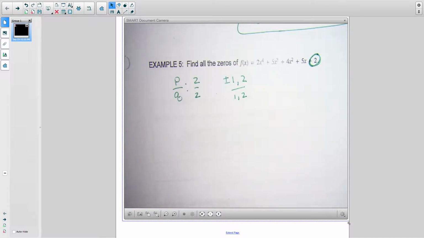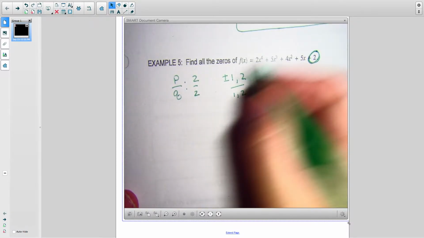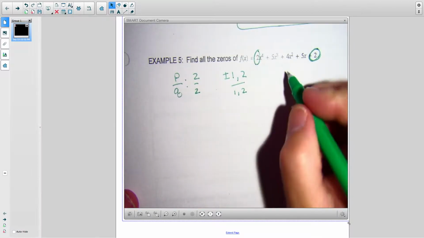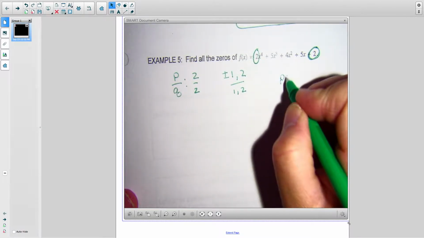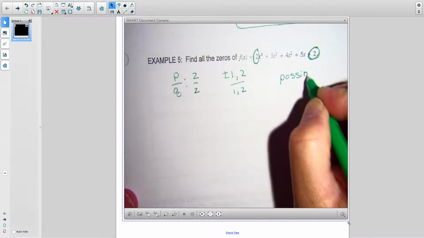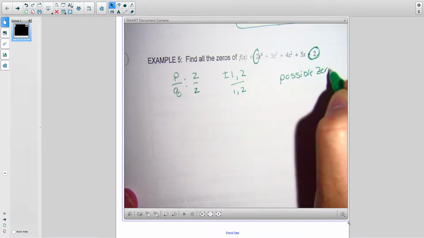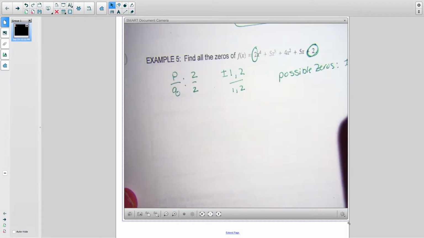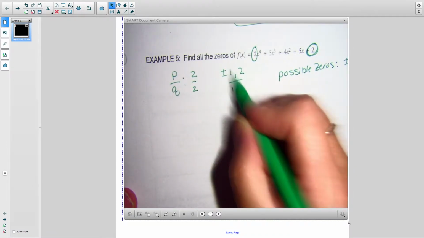Then we would be able to factor out a constant. Then we would get something inside there where there would be a P. Okay? And then Q is that leading coefficient here. So our possible zeros are plus or minus 1 and 2 and 1/2.